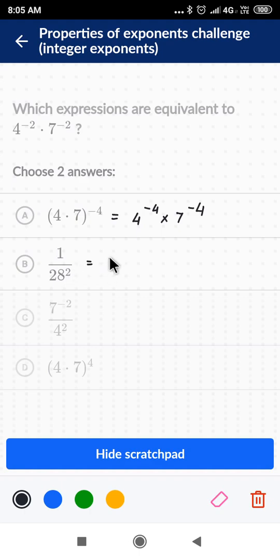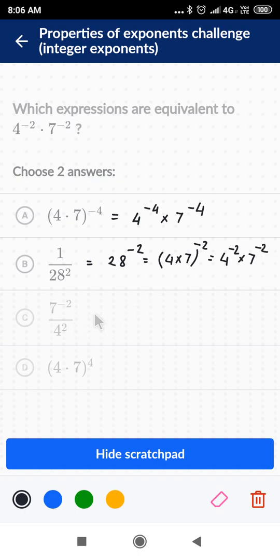That becomes 28 to the power minus 2. And 28 is 4 into 7. 4 into 7 to the power minus 2, that is 4 to the power minus 2 into 7 to the power minus 2.